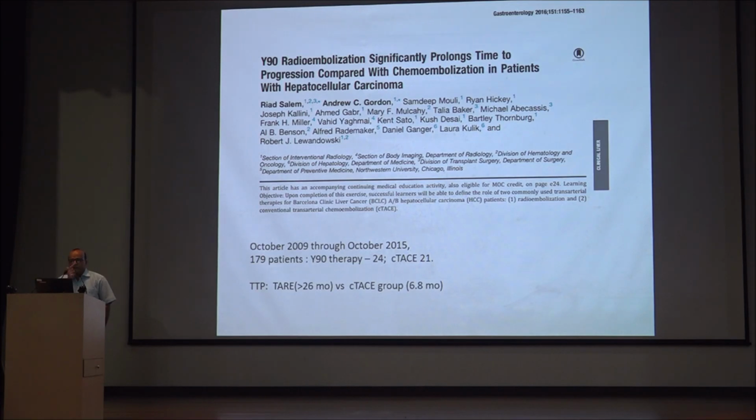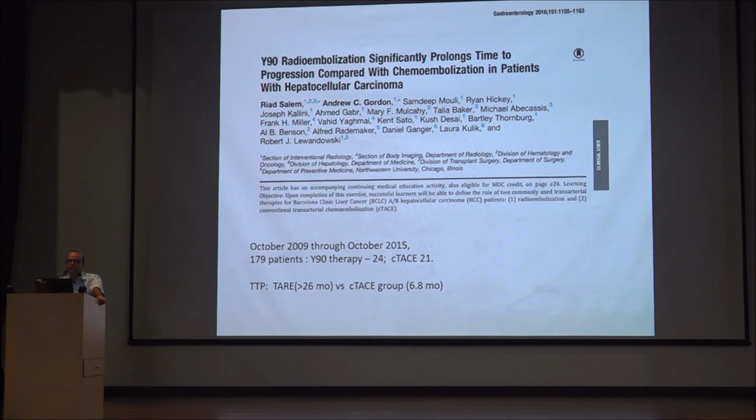So this is one of the RCTs, published in Gastroenterology long back, and it included only 24 patients, a small number. But what is important is that they reported TARE is better when we consider time to progression, in which TARE showed 26 months versus conventional TACE 6.8 months.